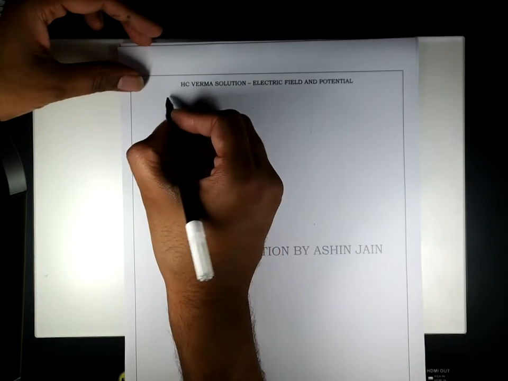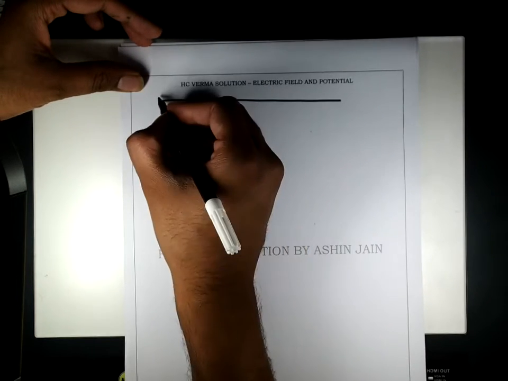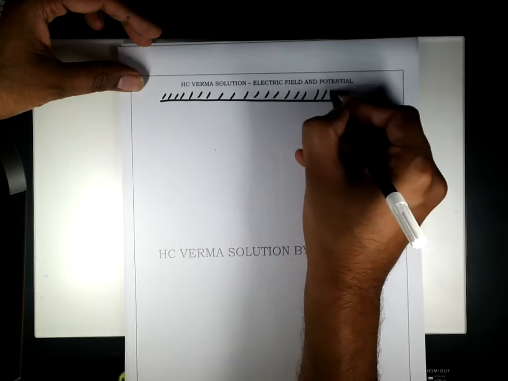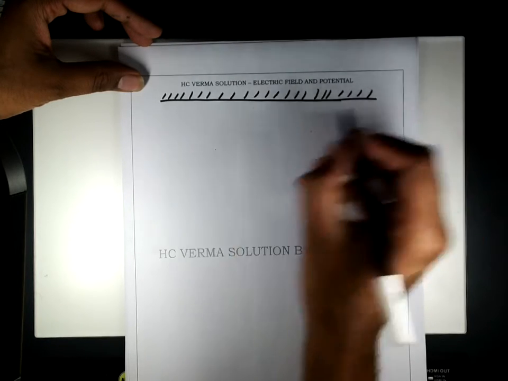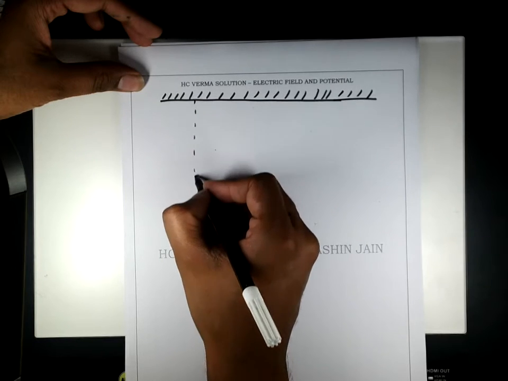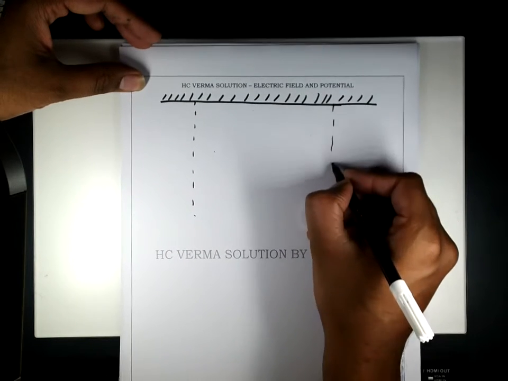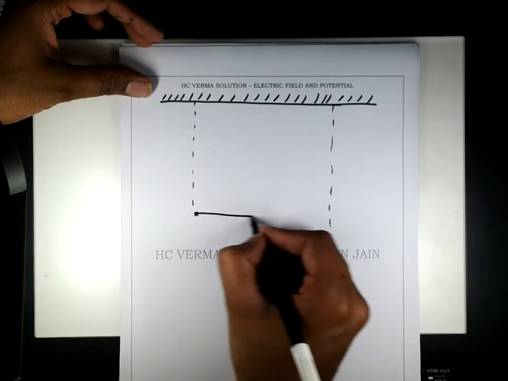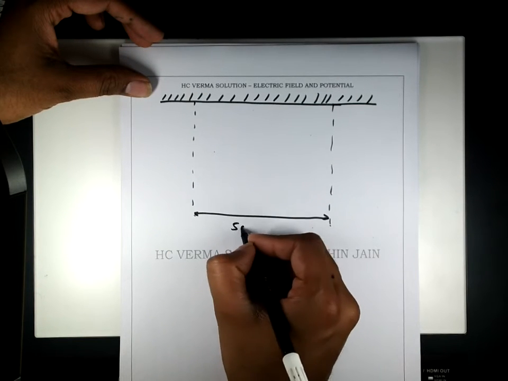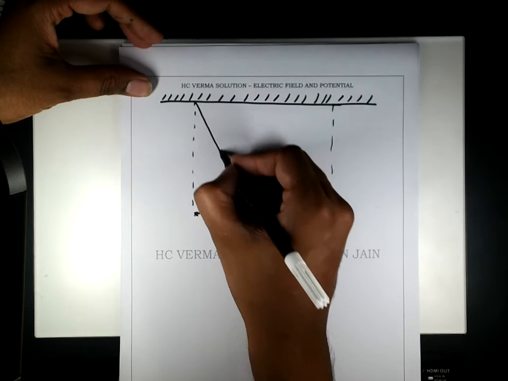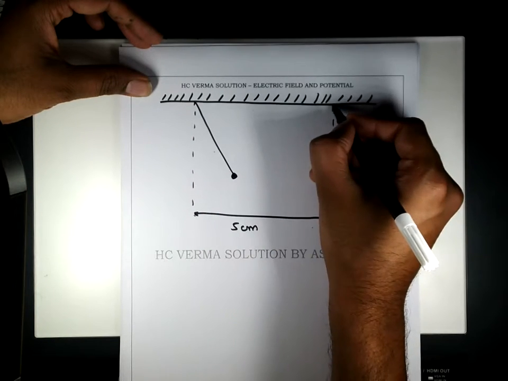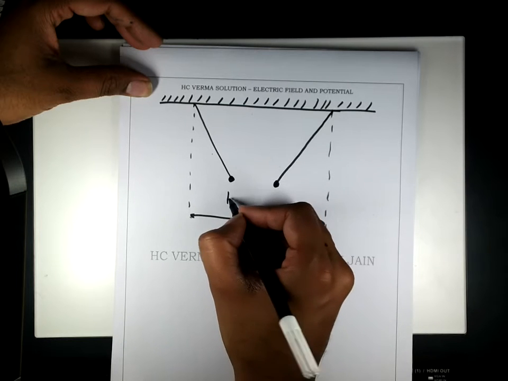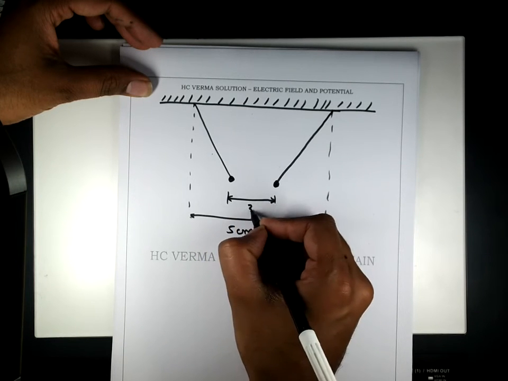The situation is something like this. We have 2 points of suspension which are at a distance of 5 cm, and the two pith balls eventually come down to a distance of 3 cm.